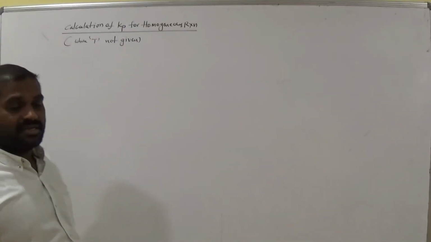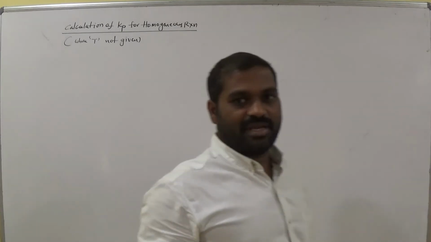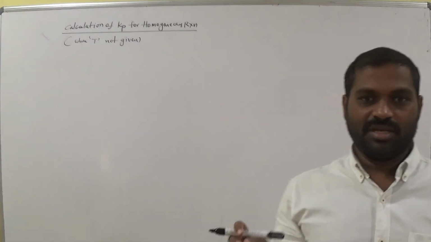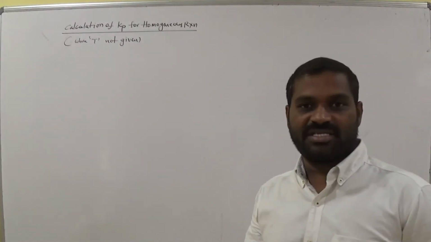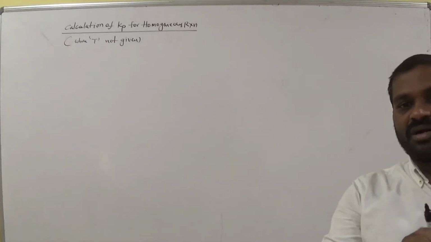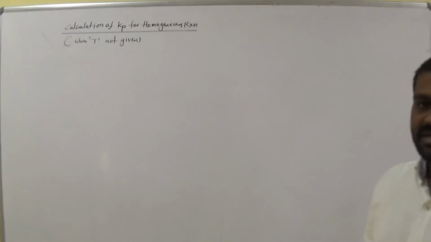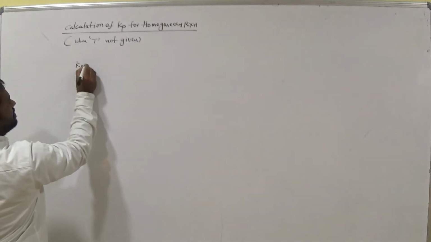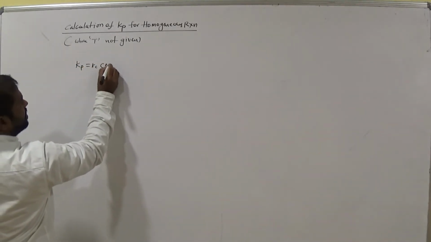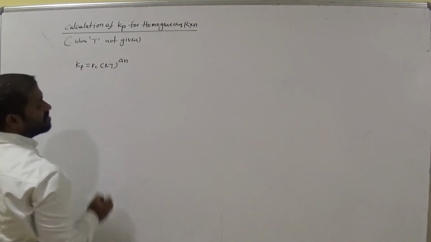Before, in homogeneous equilibrium where we calculate Kp and Q relations, it was in the presence of temperature. Suppose temperature is not given, then what happens? If temperature is given, we have to calculate Kc also, am I right? So why? Because we have the expression Kp is equal to Kc (RT) whole power delta n.